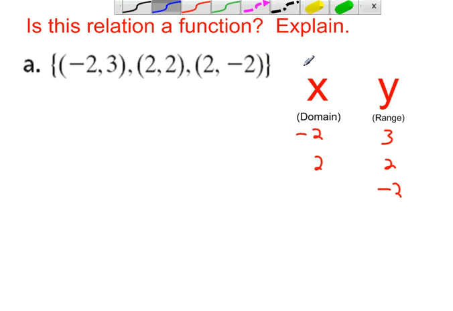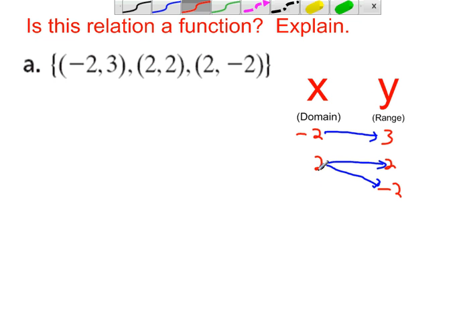I'm going to put the arrows in blue. We draw our arrows. Negative 2 is paired with 3. 2 is paired with 2, and 2 is paired with negative 2. I have 1, 2, 3 points, and I also have 1, 2, 3 lines. So I've made sure that I've done each of my arrows. Now, does every member in the domain have only one range?